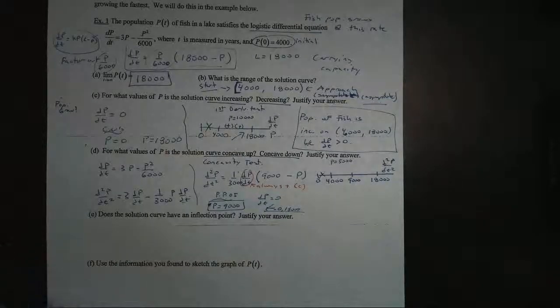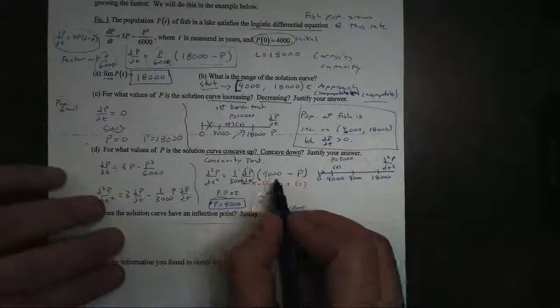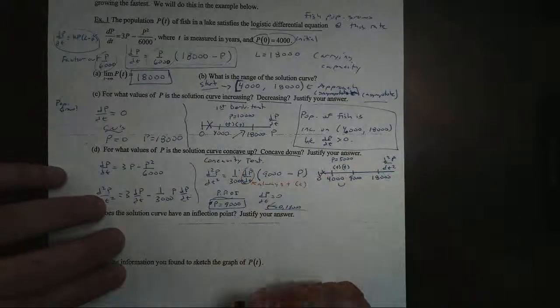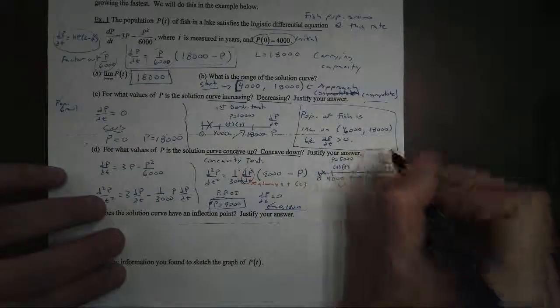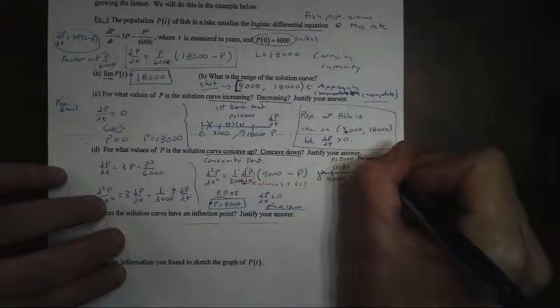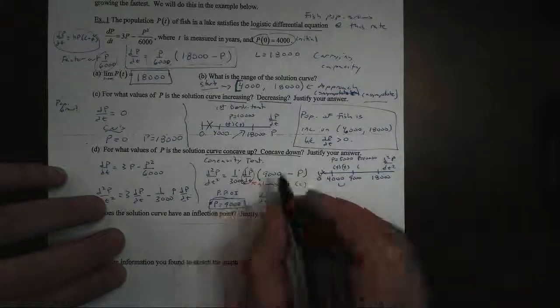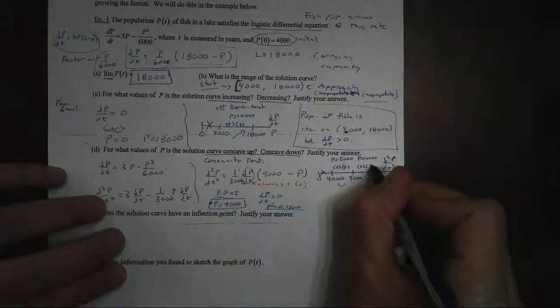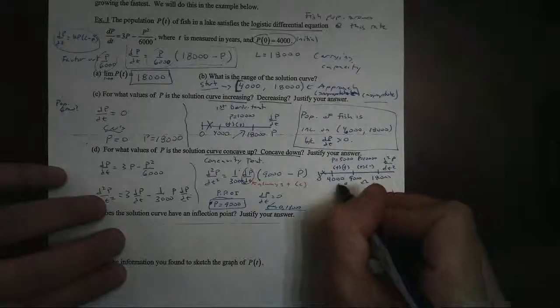So I don't have to show much work there. The first term is always going to be positive. I have to look at what happens when I plug the 5,000 into the second one. That's positive, so it's going to be concave up. Same thing here. Let's pick 10,000. At 10,000, dp dt is still positive, but that's going to become negative, so it's concave down.